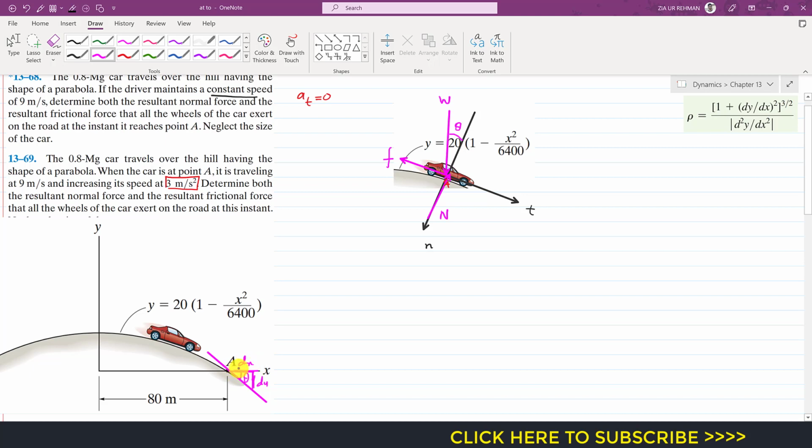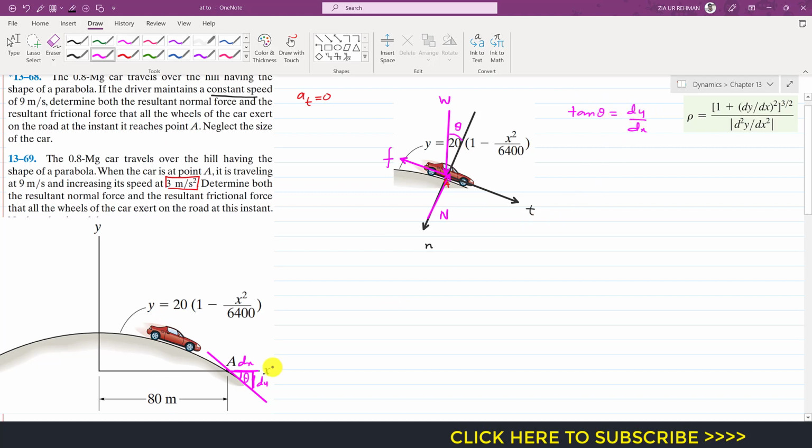So we can apply tan theta. So tan theta is dy by dx. And we are given the path as a function of x. So we can take the first derivative of this, and then at A, the x coordinate is 80 meters. So once we take the first derivative, we need to put the x value of 80 meters, then we will be able to find dy by dx. And then we will be able to find the angle.